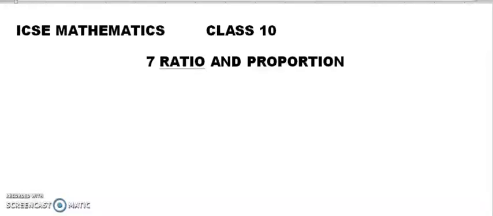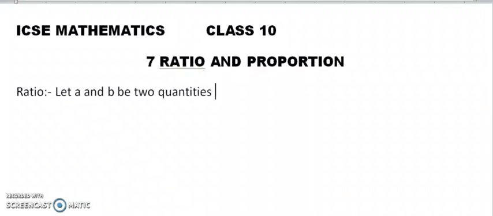Okay, now let us begin with the definition. What is a ratio first of all? Okay, so ratio. Let A and B be two quantities of the same kind and in the same unit.